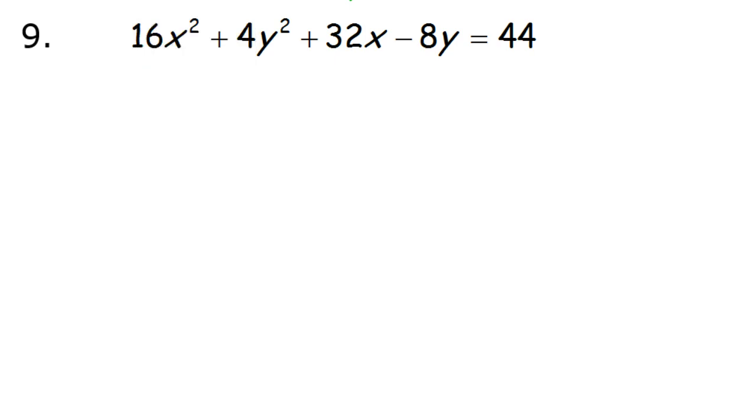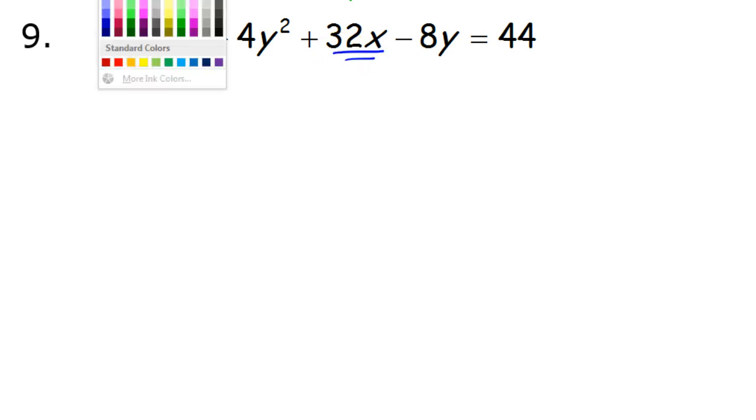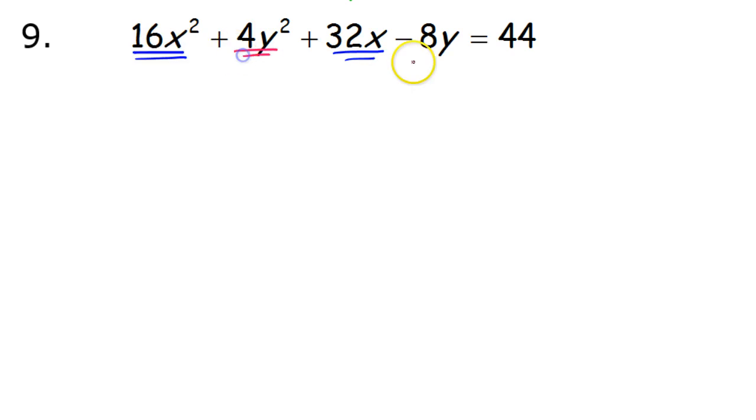Again, to transform this general form equation into standard form, I need to group my x terms together, and I need to group my y terms together. So if I do that, I'm going to have 16x squared and then 32x.